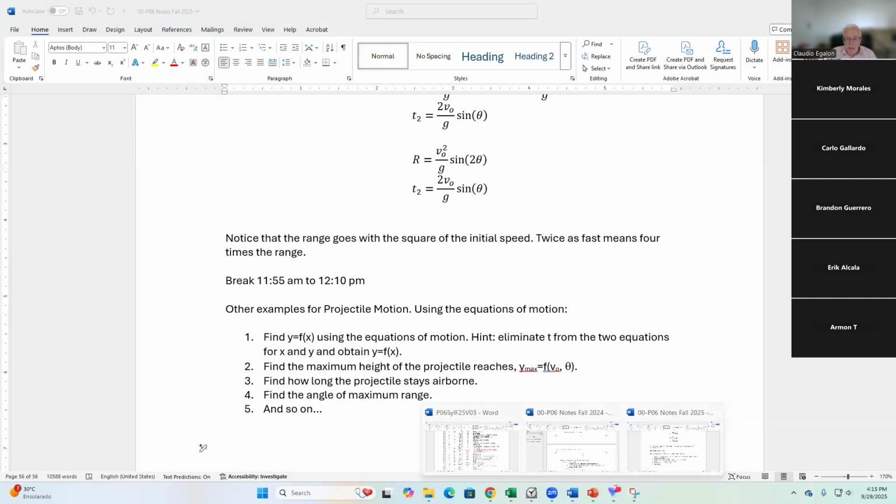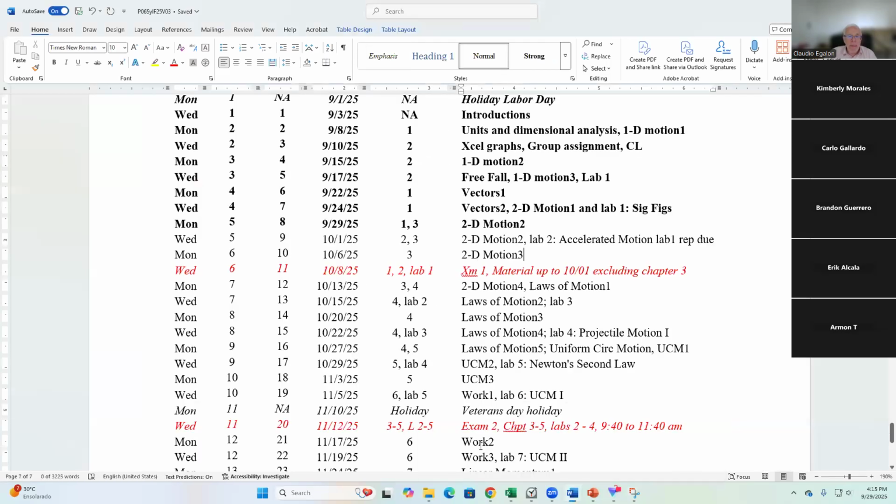So going back here, we did projectile motion.